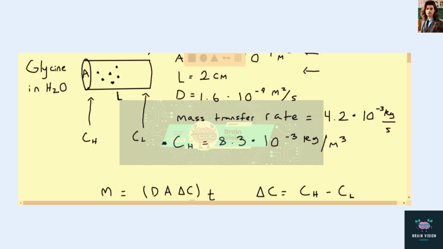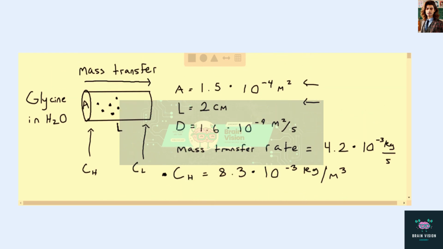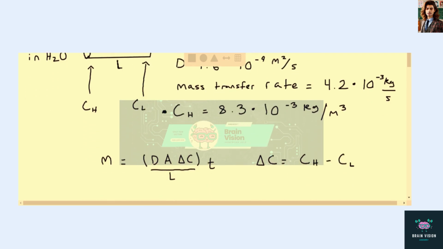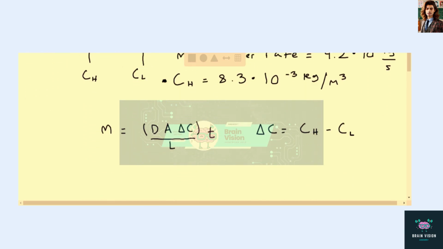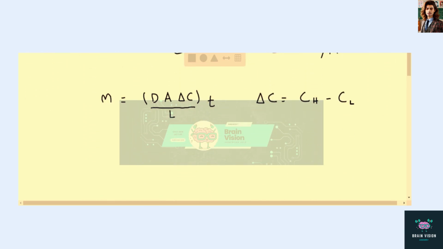So what we want to figure out is, what does the concentration on the low end need to be in order for us to have this mass transfer rate here? Okay. So we're going to take our Fick's law here. We can substitute in our delta C, and then we're going to solve for the concentration on the low end.